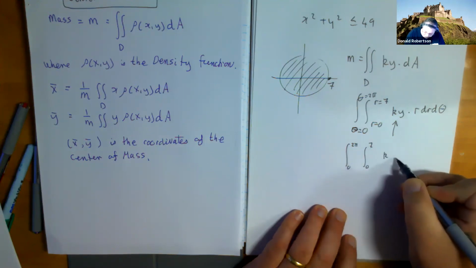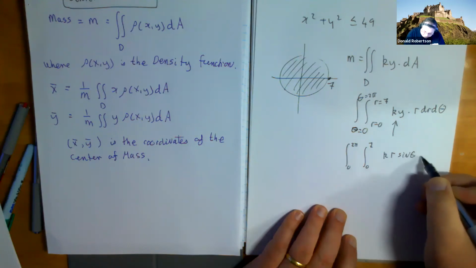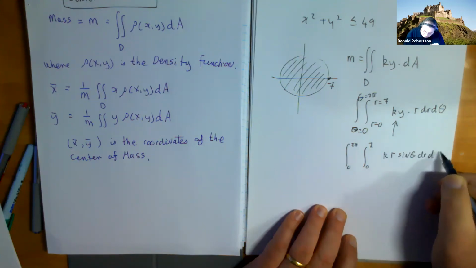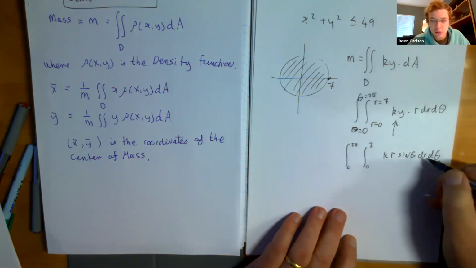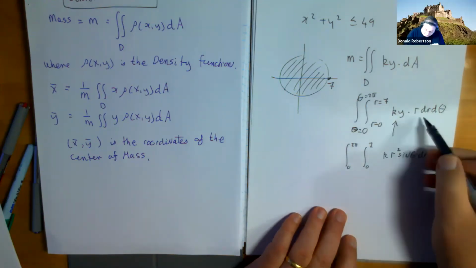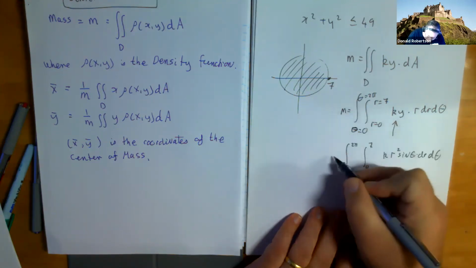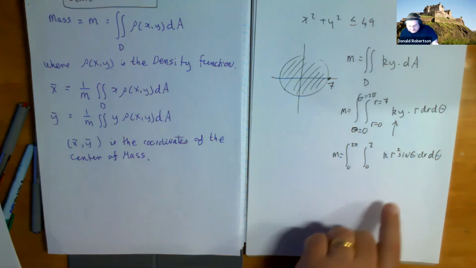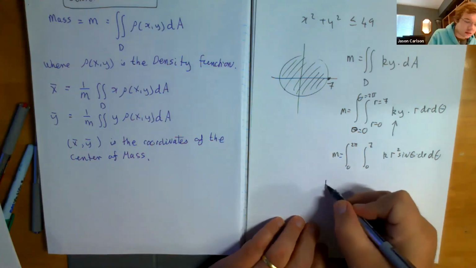So can you imagine that the only fella that I changed here was k r sine theta dr d theta. That should be an r squared. And you're right, because that r with that r is going to come in. Is this a variable separable situation? Can I break this into two separate integrals? Yes.